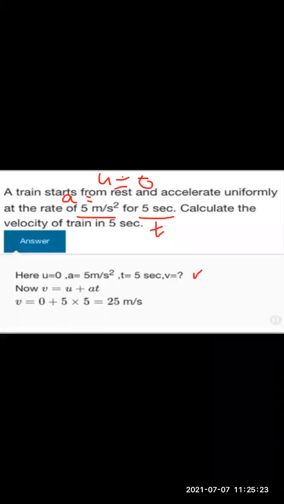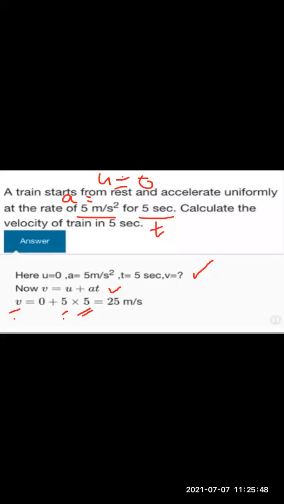Definitely, we are writing the data first. Whatever the things that are there in the question, we have to write that data. The formula is v equal to u plus at. So the final velocity v equal to initial velocity, that is going to be 0, plus acceleration is 5, and the time is again 5.